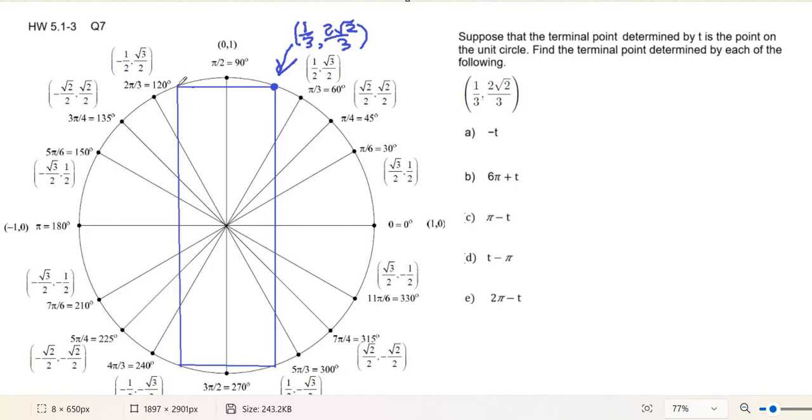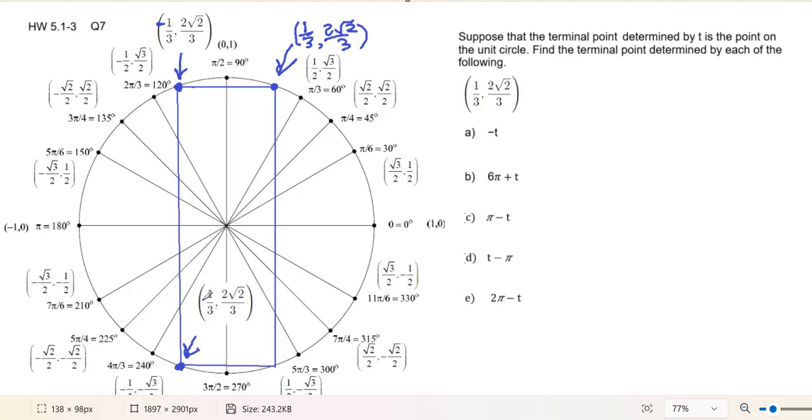So this point right here, the x is negative, but the y is positive. So that is going to be negative 1/3, 2 root 2 over 3. This guy down here, both the x and y are negative because you go left and then down.